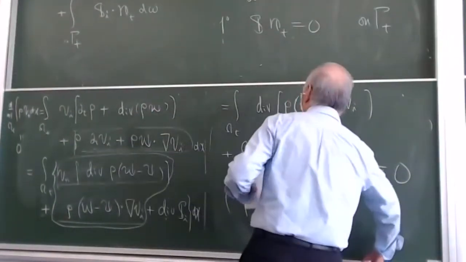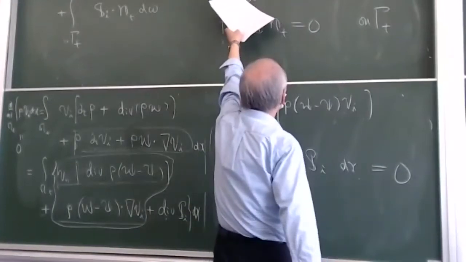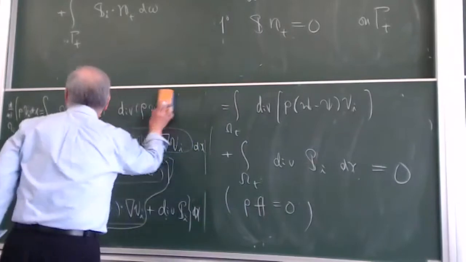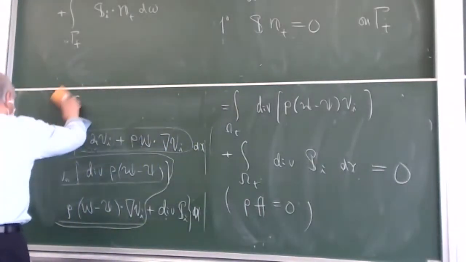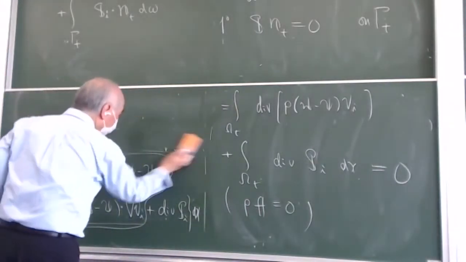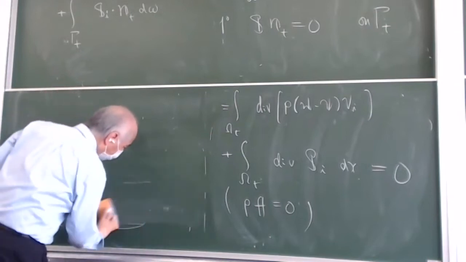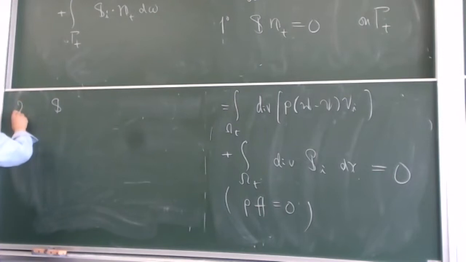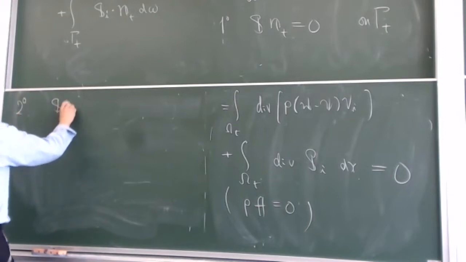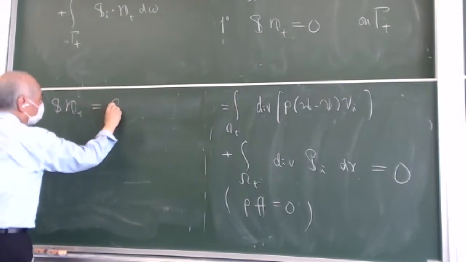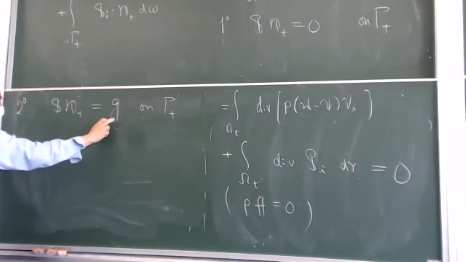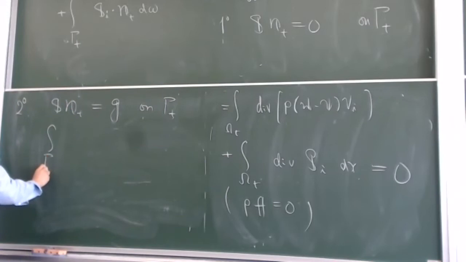But the requirement is just that the integration on gamma t must be 0. Therefore, we can consider a different one, meaning that we also consider the second one, t is some g on gamma t. And the requirement of g is this one.